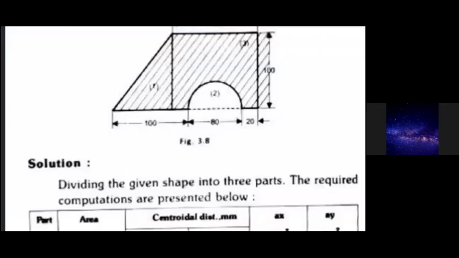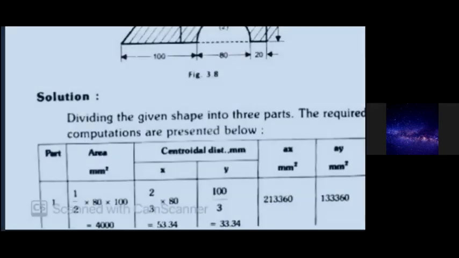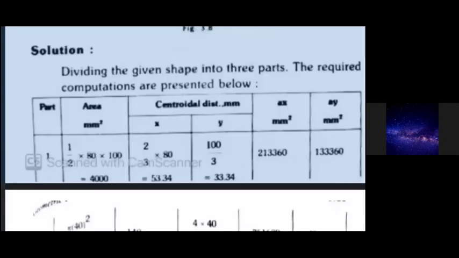And we know the standard formulas for finding the centroid of the triangle, square and semicircle. The first part is a triangle, so the area of the first part is half into base into height.